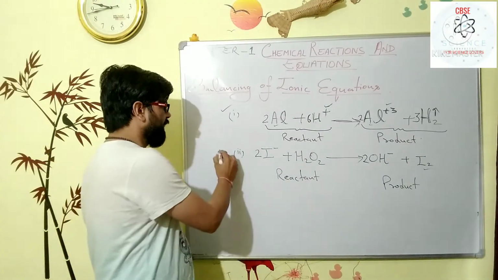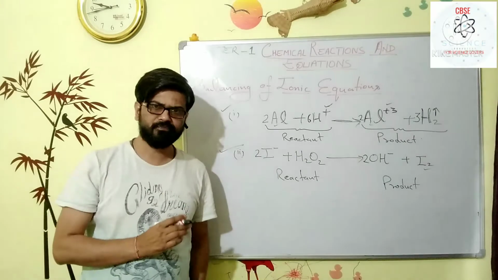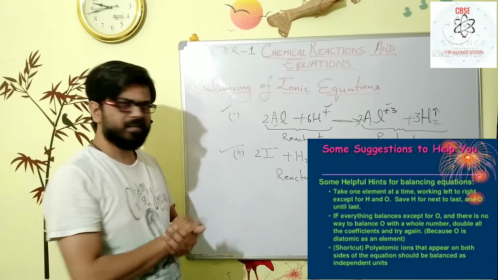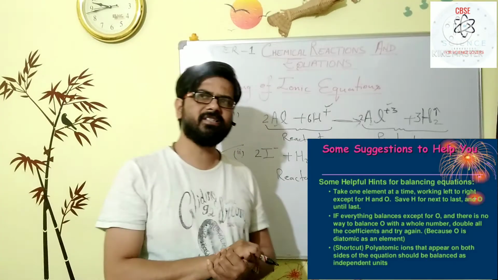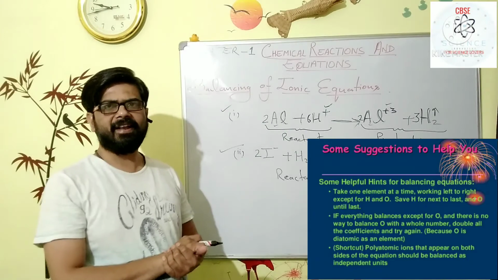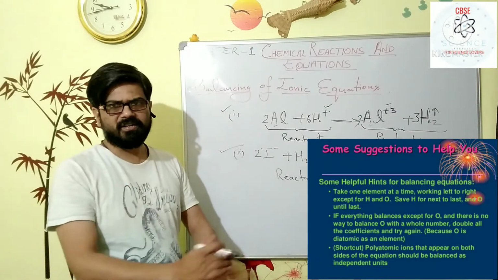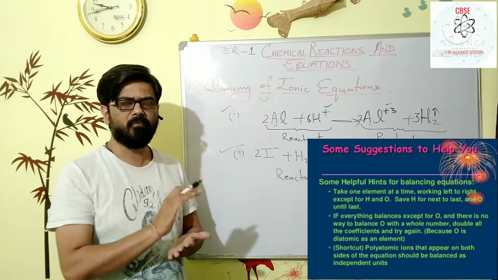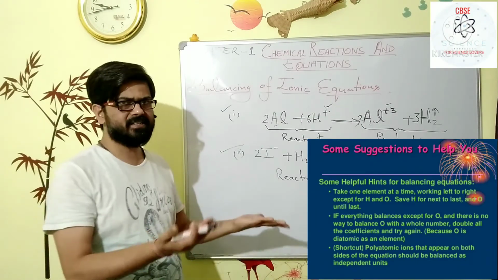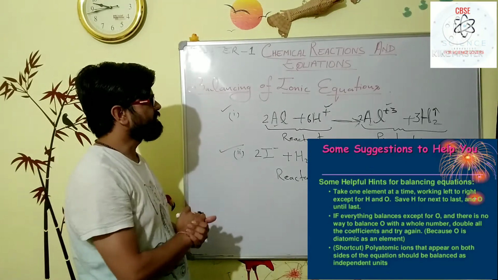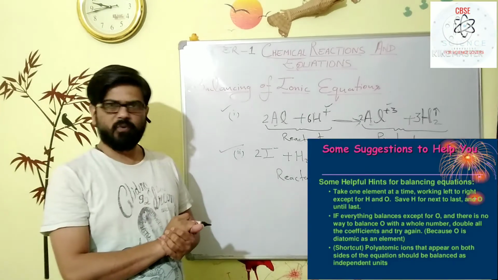In this way we balance the ionic equation. So in an ionic equation we have to balance the charge as well as the number of particles on the reactant and product side, to follow the law of conservation of mass. That is the simple way to balance an ionic equation.